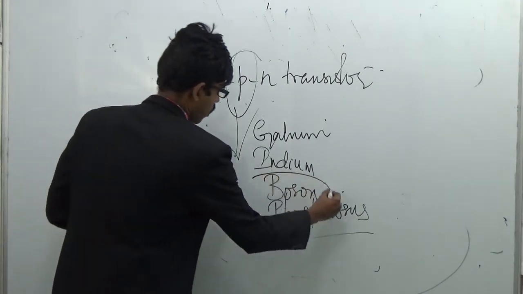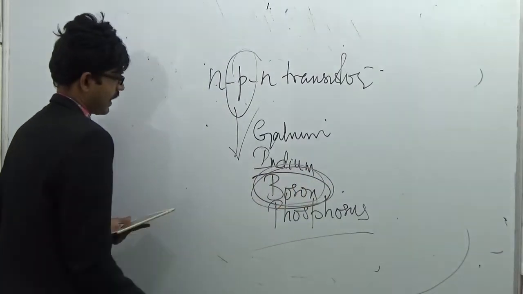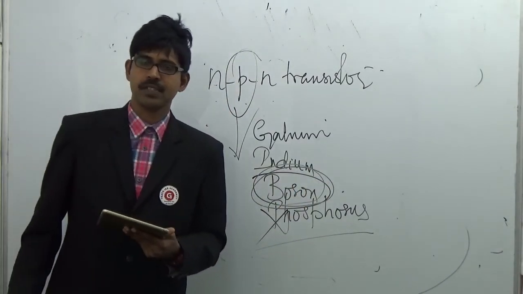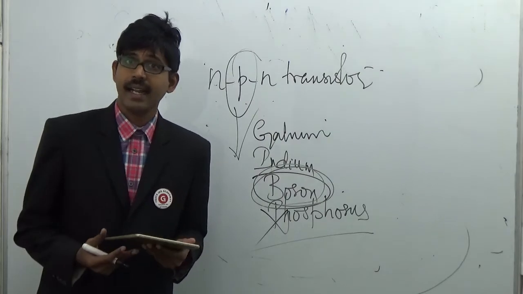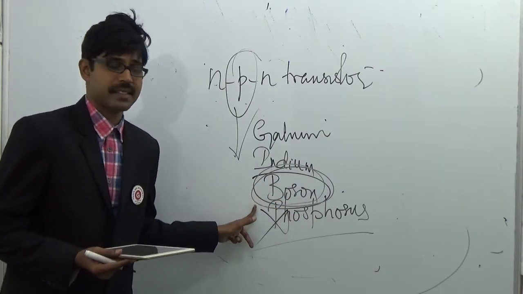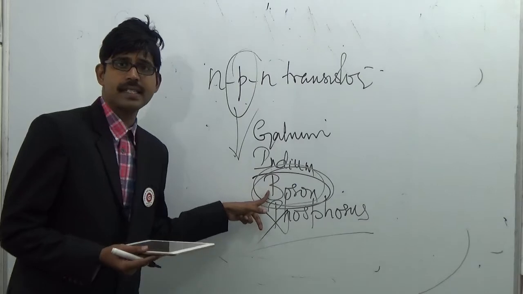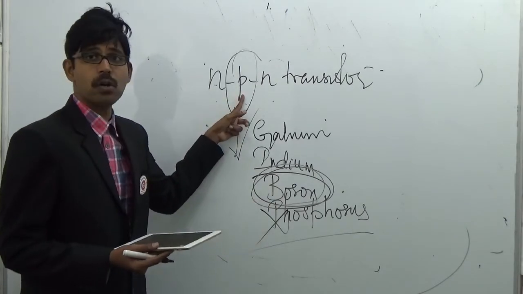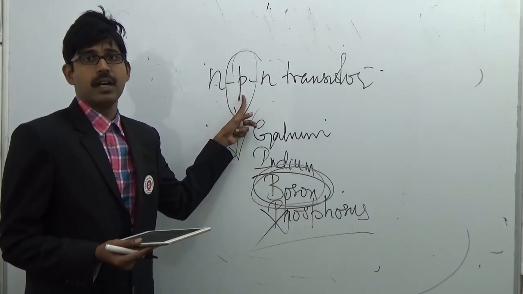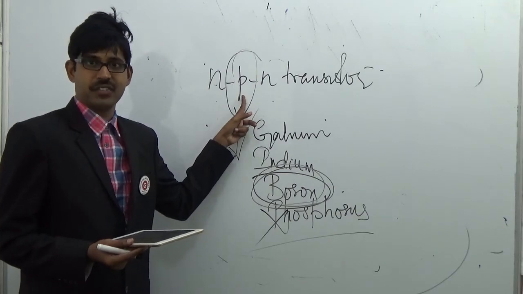So among the four options, boron is the right option, because phosphorus definitely cannot be the right option because it is rich in electrons. Just very recently we dealt with questions based on this. So boron is an atom which is rich in holes. So we need to go for a p-type material for building up the base region. Is that okay?